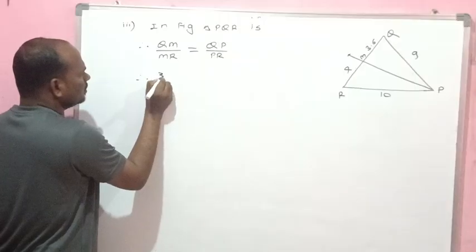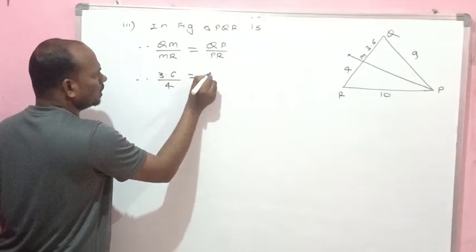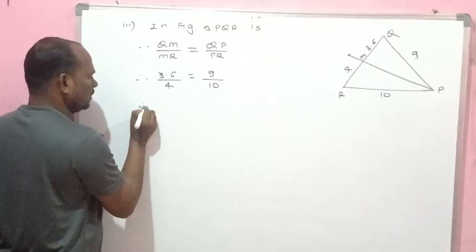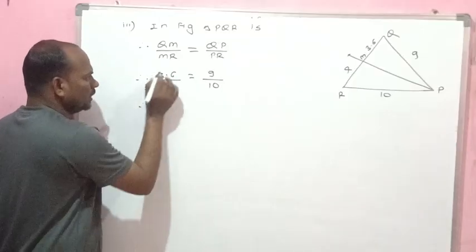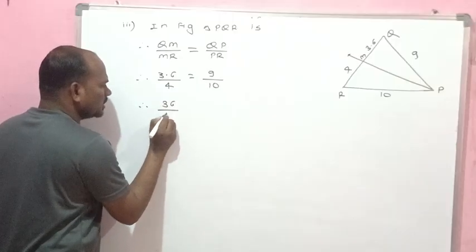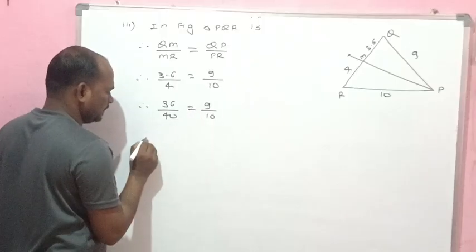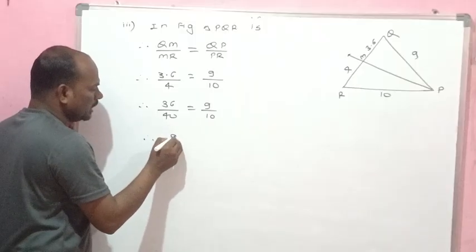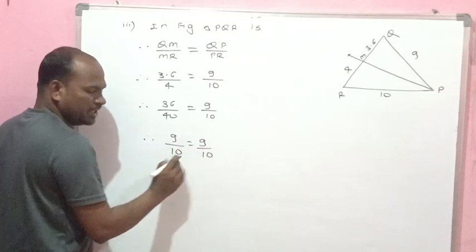Now QM is 3.6, MR is 4, QP is 9, and PR is 10. Now therefore we can remove the decimal. 36 divided by 40 and 9 divided by 10. Now therefore we can divide, 4 9s are 36, 4 10s are 40, 9 by 10.